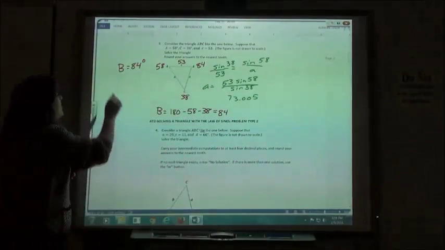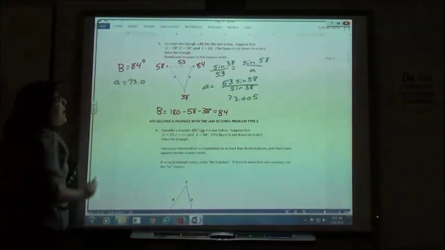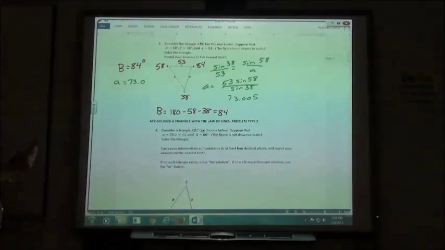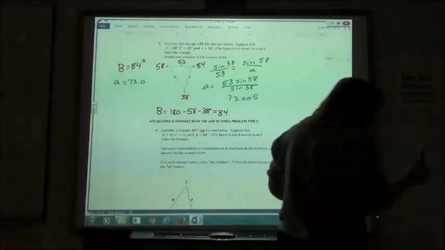Rounding to the nearest tenth then, A is going to be 73.0. They will have you show it to the tenth spot, and so we do want to put the 0.0 just to specify that, yep, we knew it was supposed to be a 0.0.